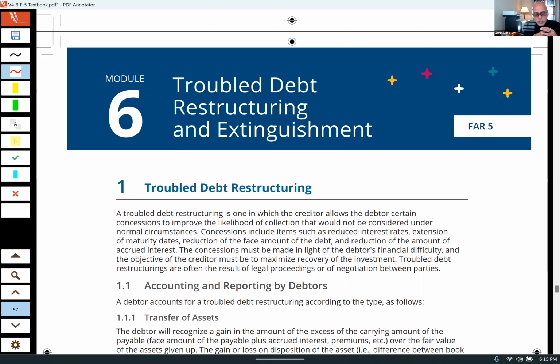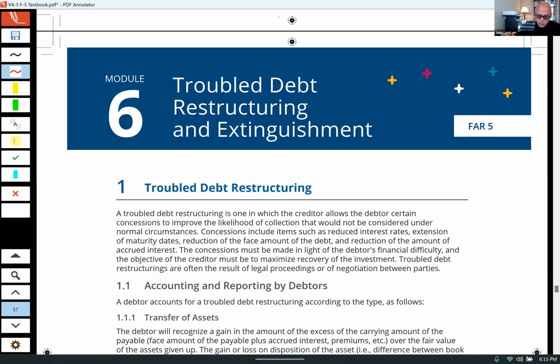Okay, so we're going to look at what happens when there's a modification of terms on a debt restructuring. But before we do that, we're going to look at what happens if we simply take something in exchange for a debt. And we're really going to be focusing on transfer of an asset like land in exchange for debt.